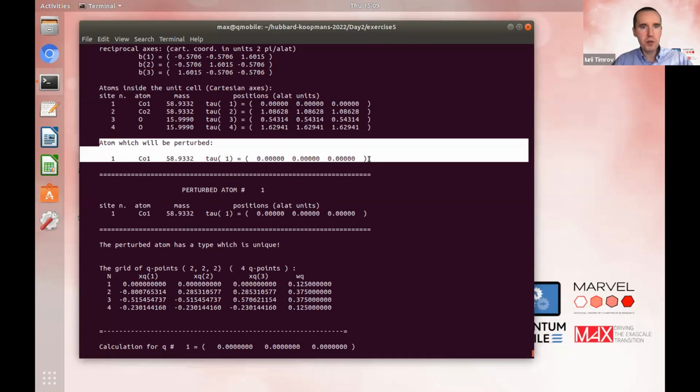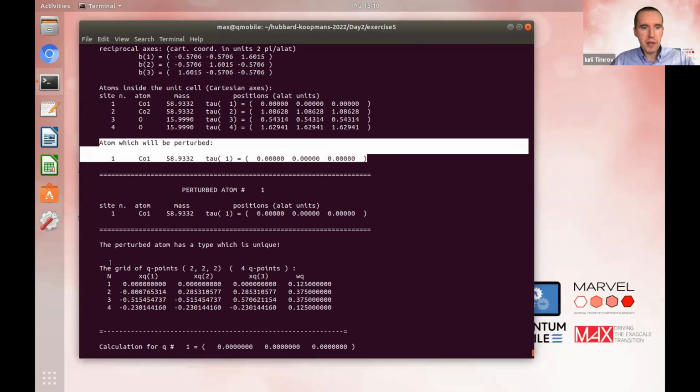In this case, it's only one cobalt. We have also a second cobalt, but the code checked that they are equivalent. It checked the trace of the occupation matrices, and the code realized that they are the same. They just differ by spin, and in this case that doesn't matter. So that's why the code perturbs only one cobalt atom.